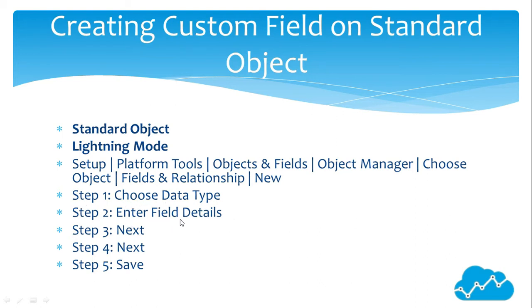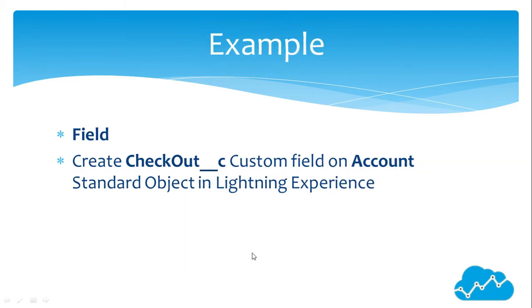Step 2, enter field details. Step 3, next. Step 4, next. Step 5, save. Example, create checkout underscore underscore C custom field on account standard object in Lightning Experience.